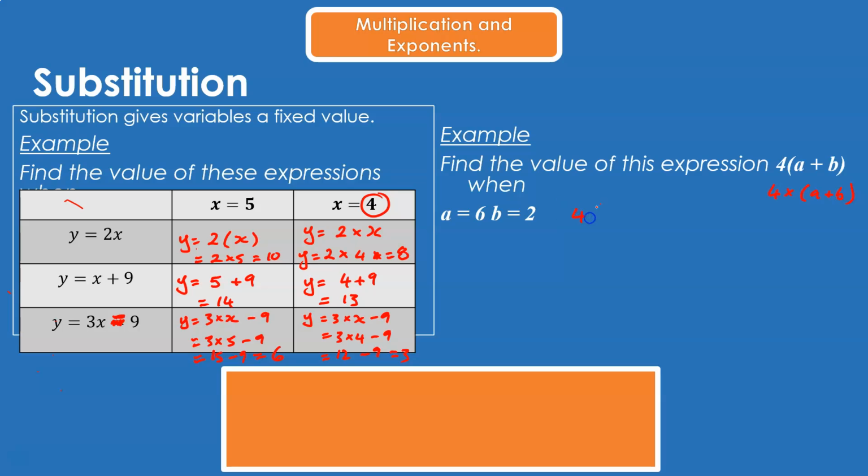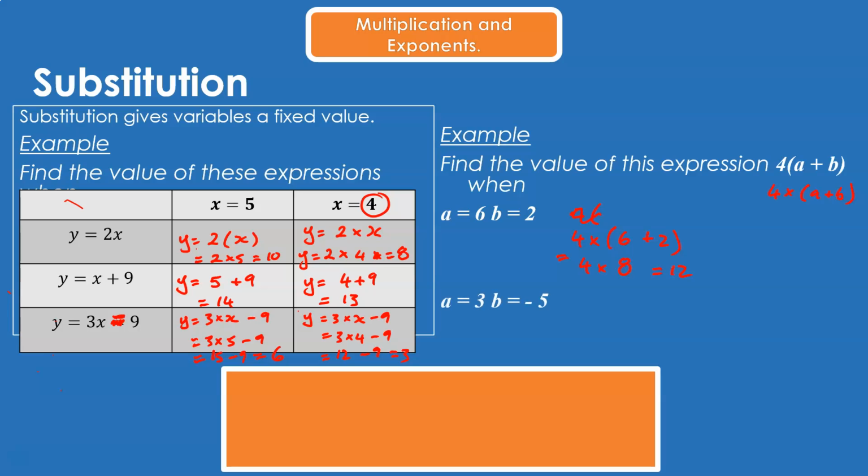So it's 4 times, bracket, a which is 6, plus b which is 2. So that's going to be 4 times 6 plus 2, which is 8. Sorry, I forgot to mention, of course, with BEDMAS, brackets first. So do the addition first, it's inside the brackets. And then that gives you the answer 12.